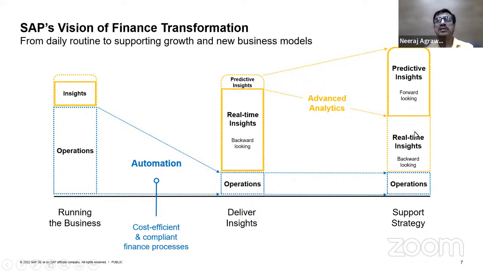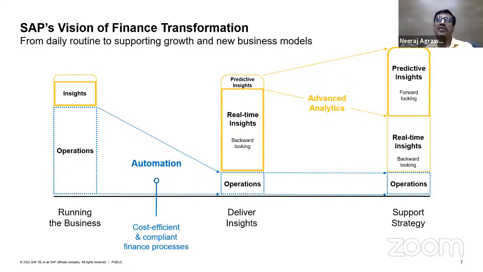So predictive insights is something where we are looking into the future, maybe 3 months or a year down the line, with the current runs, where are we going to be? We could predict, okay, if today we are making this much of sales, what would the sales be in the days to come? Or by the year end, what sales figure could we reach with the current trend, or the way we are selling and doing things? Also, it could be the financials. Okay, in the first quarter, we made, say, an X amount of profit.